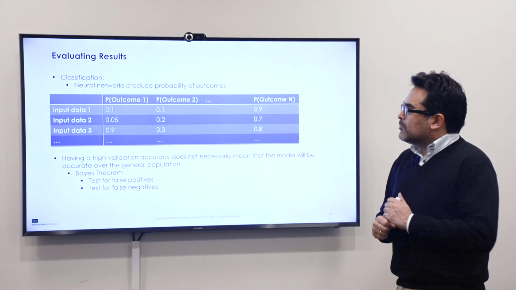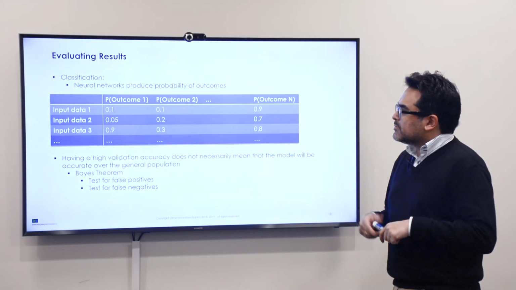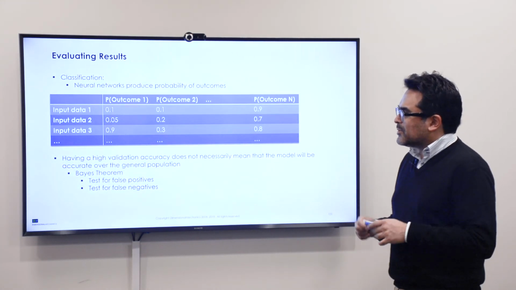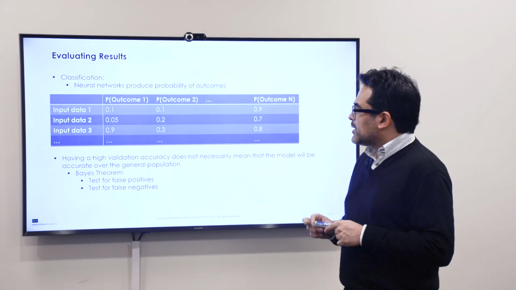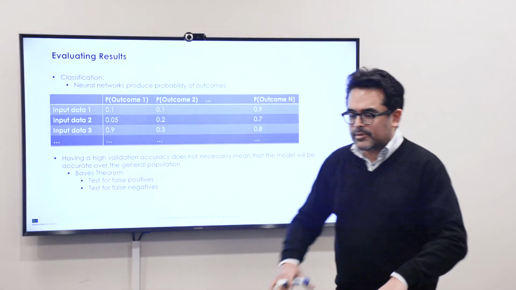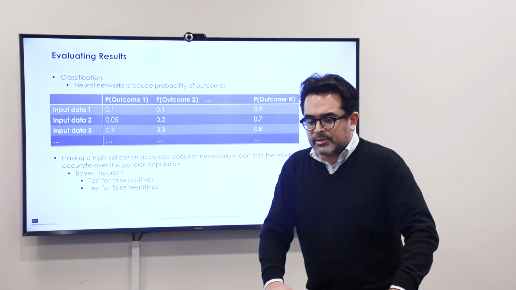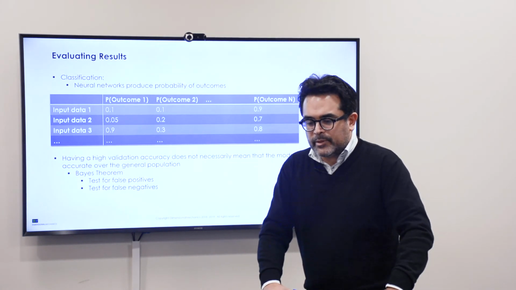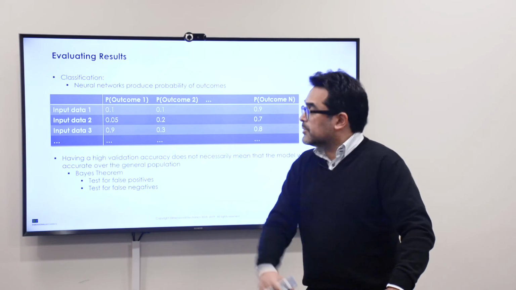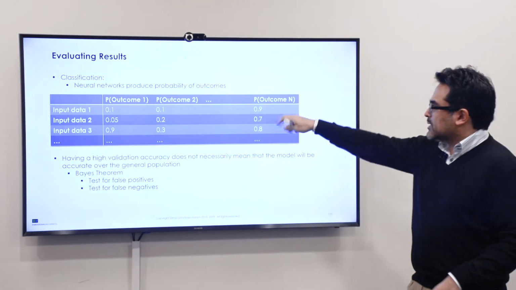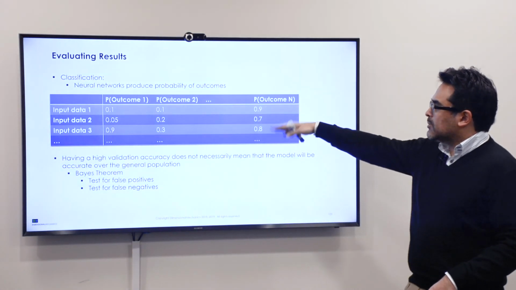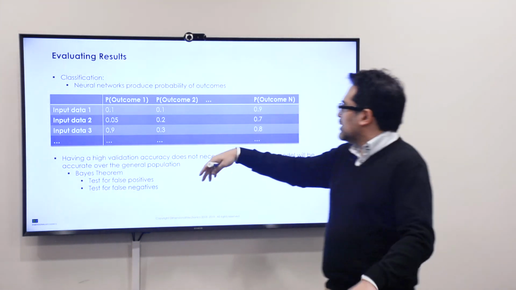The other thing to remember is that neural networks are all about probability of outcomes. If you look at this, for example, you notice that it doesn't add up to 1.